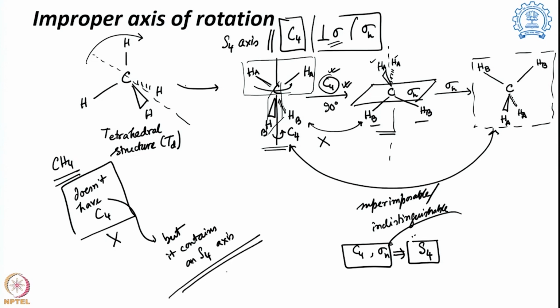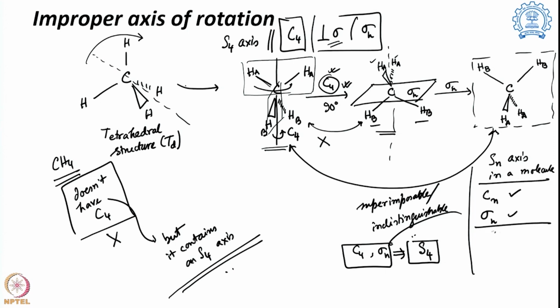So, that is a very important conclusion, because to have an Sn axis in a molecule, if you already have a Cn and a sigma h, that means you are going to have an Sn axis, no problem with that.